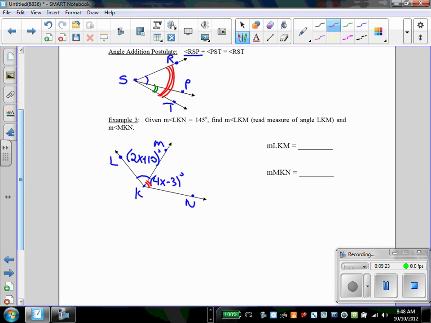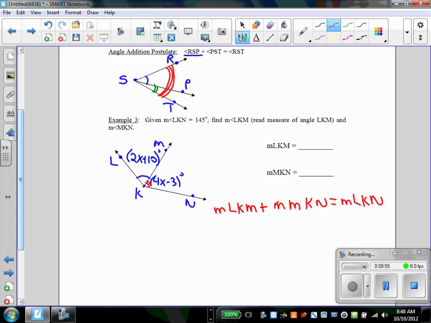But using that angle addition postulate, we do know that the measure of LKM plus the measure of MKN is going to equal the total measure, the big measure, which is LKN.